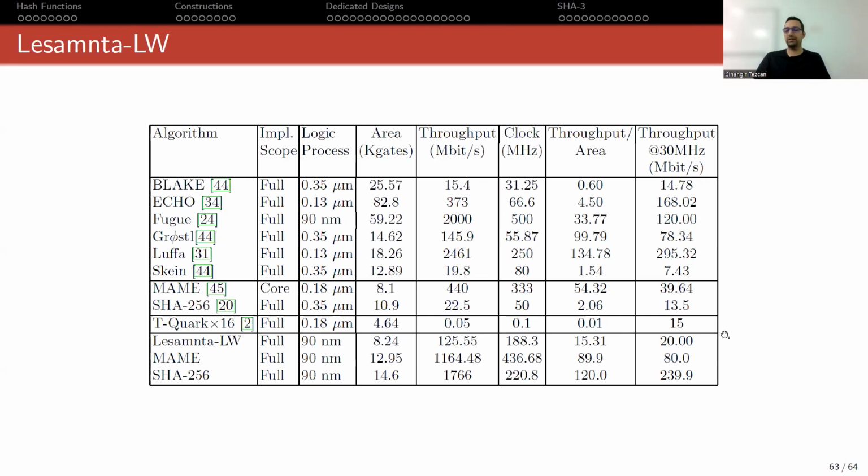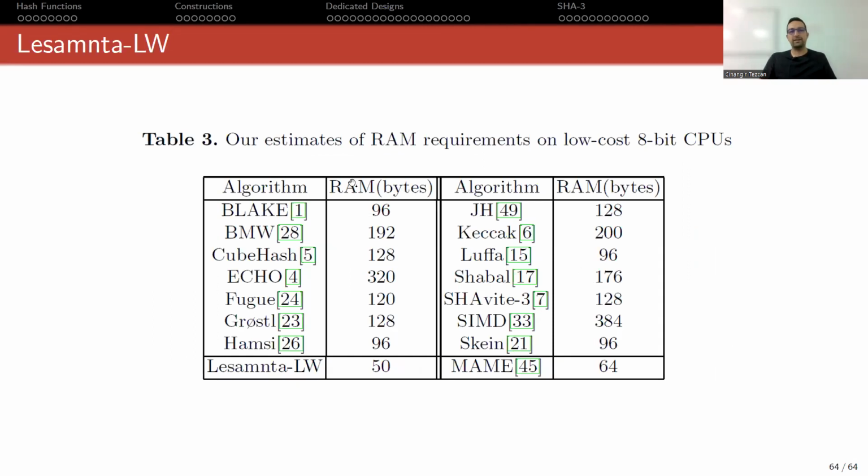So they're trying to show that they're really lightweight compared to SHA-256 and so on. And this is their estimate of RAM requirements on low-cost 8-bit CPUs. These are the RAM requirements in terms of bytes, okay? So they required a really small number of bytes to perform on an 8-bit microcontroller, right?